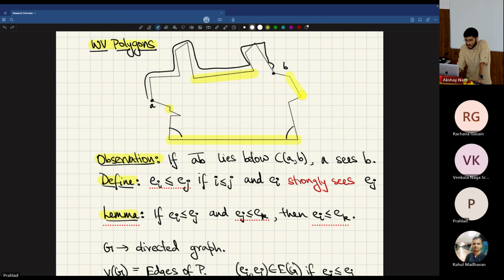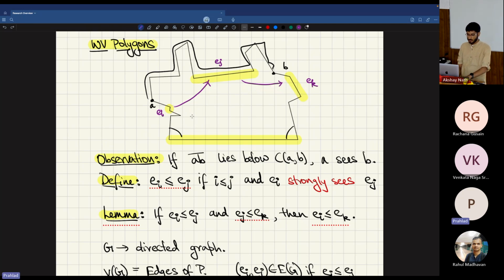So if you take these two, we have a relation between these two sets, right? This is your Ei, this is your Ej, and this is your Ek. If Ei strongly sees Ej, and Ej strongly sees Ek, my claim is that Ei strongly sees Ek.